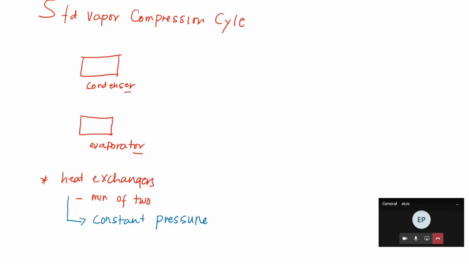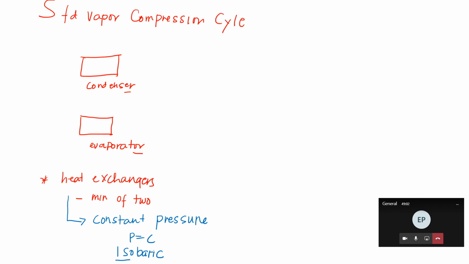I'll repeat: when you discuss condensers and evaporators and coolers and preheaters and so on, wherein heat exchange is happening, the principle is constant pressure, meaning pressure is constant. In the jargon of thermodynamics, it is called iso, what?